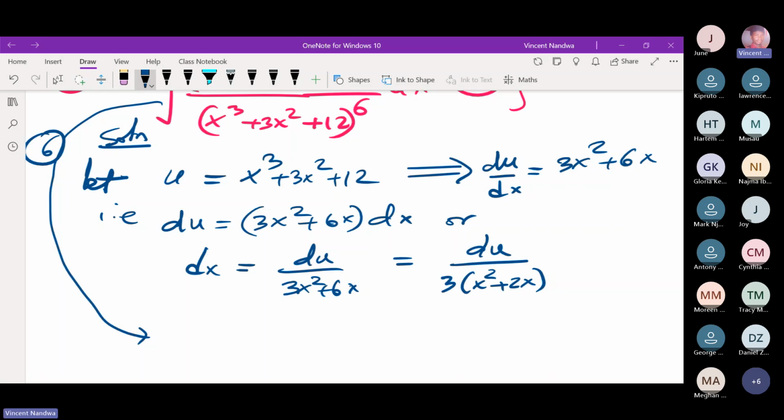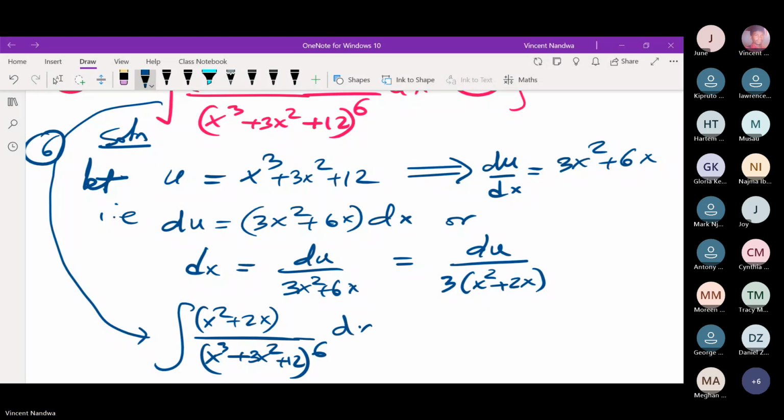We have found the answer to be du over 3 into x squared plus 2x. So we clearly see that this bracket and this bracket cancel out, so that we'll have a third integral of 1 over u power 6 du, and you can rewrite this as a third integral of u power minus 6 du.